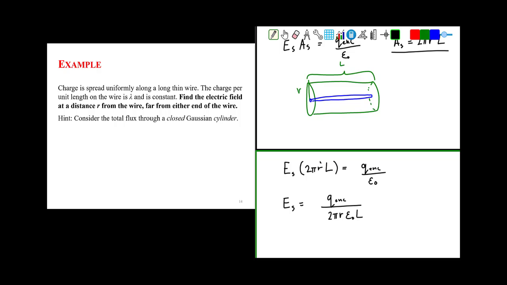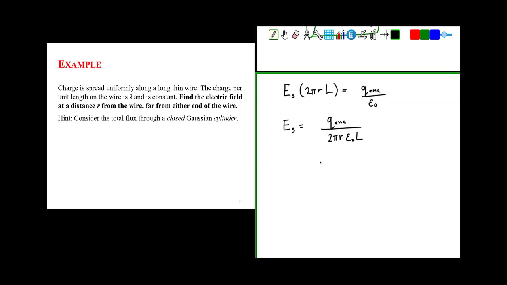But what we do know is that the density of charge is a constant. The linear charge density, remember, is defined as dq over dl. Because lambda is constant for a uniform charge distribution, dq over dl, the charge per unit length, is constant. So we could write this as q over L.